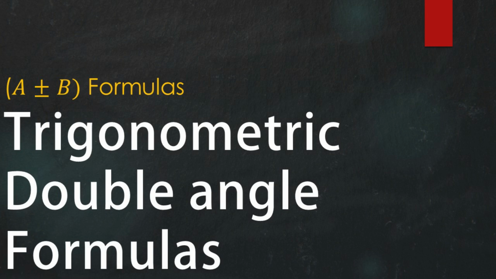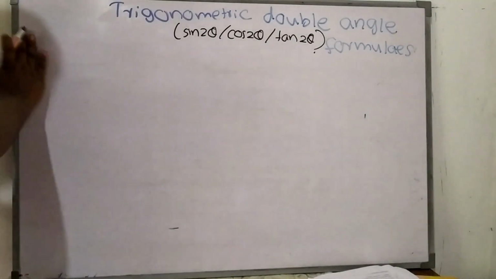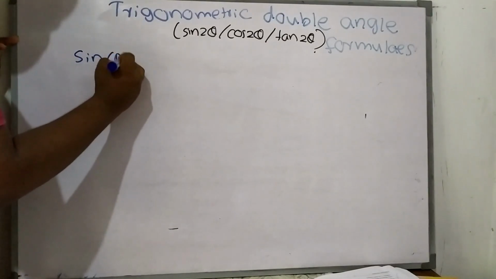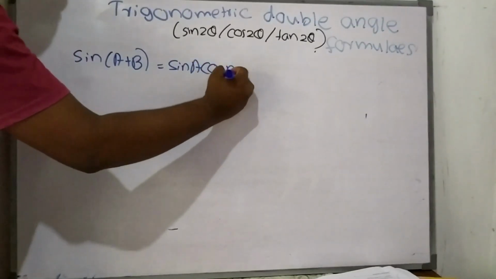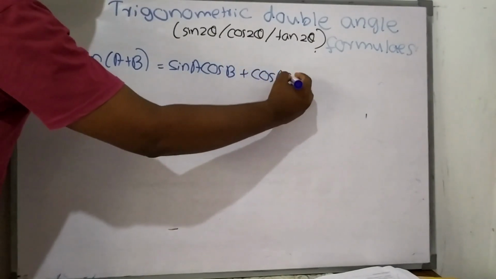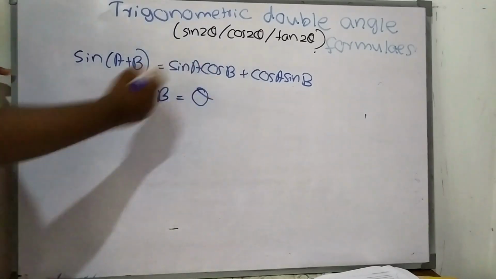Let's move to the trigonometric double angle formulas. Right, so double angle means sin 2 theta, cos 2 theta, tan 2 theta. Okay, so what is sin 2 theta? Actually, it can be proved using our A B formulas, right? So this is my sin A plus B, no? Which is sin A cos B plus cos A sin B. Right, so assume A equals B equals theta.